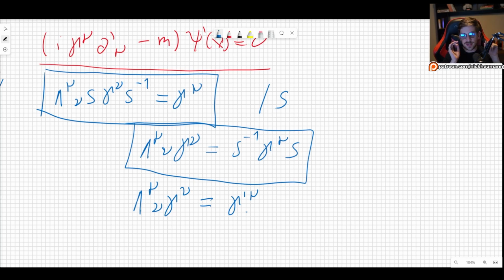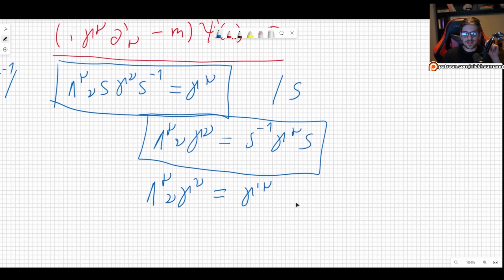That's Pauli's fundamental theorem, and we proved in that video that the transformation exists, and they all still satisfy the Clifford algebra, so you can just go about your life as usual. So because of Pauli's fundamental theorem, this matrix S exists. So that is good. We know that it exists.